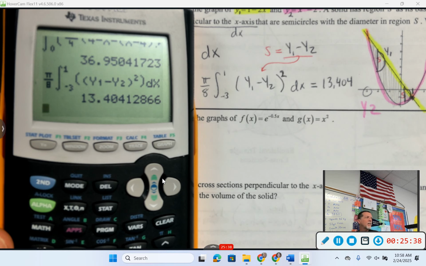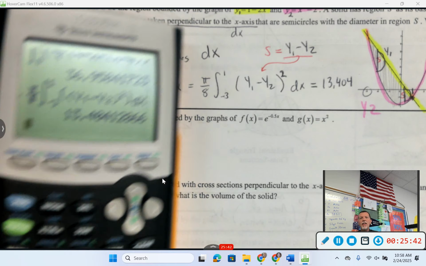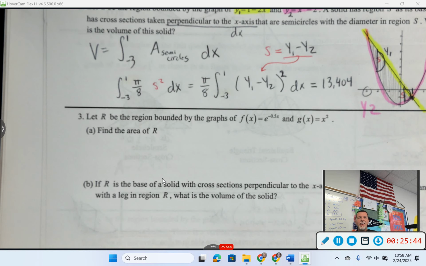Did you include the pi over 8? Why did pi over 8 go out of this? Because pi over 8 is a constant, so it can slide in or out. It doesn't matter. Why didn't you do that on the last one? Forgot to.